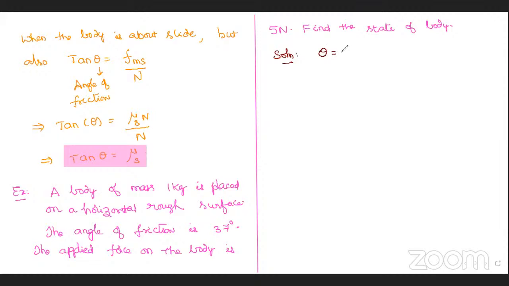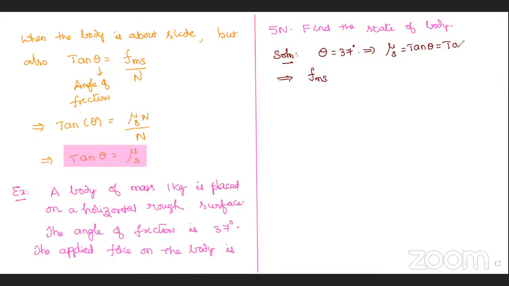Angle of friction theta is given as 37 degrees for us. Theta is 37 means that is used to find out mu s from the previous concept. That implies first mu s is equal to tan theta.